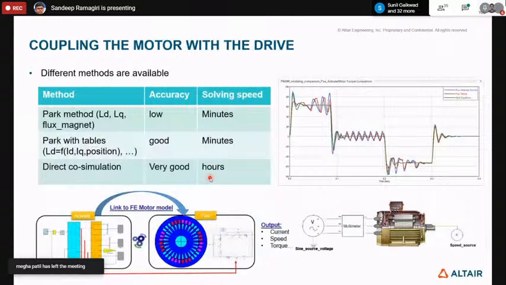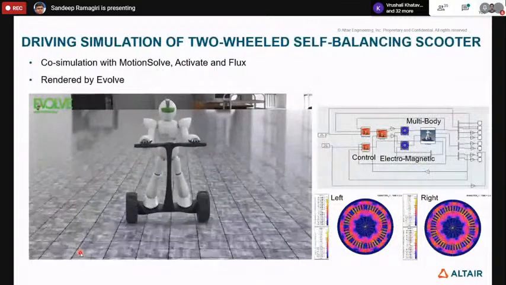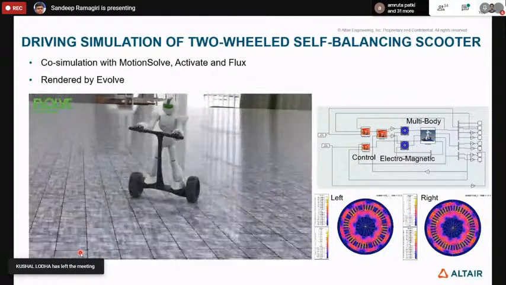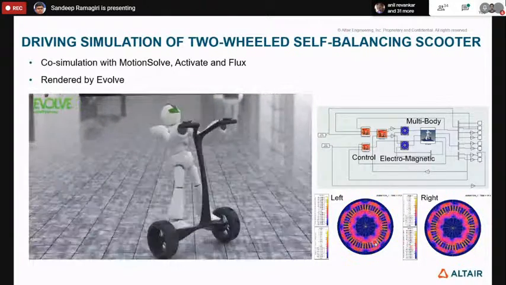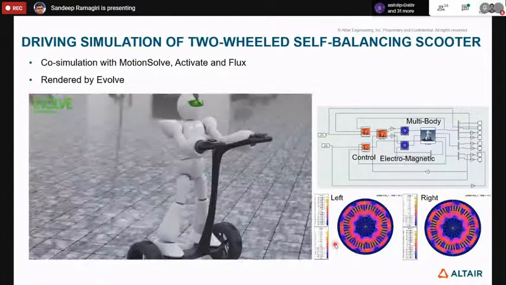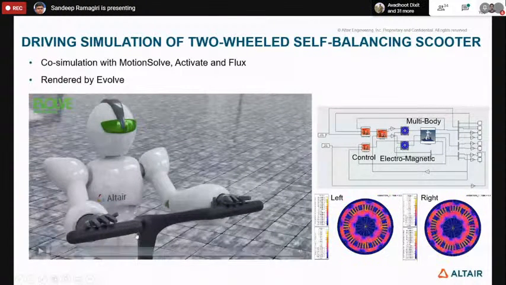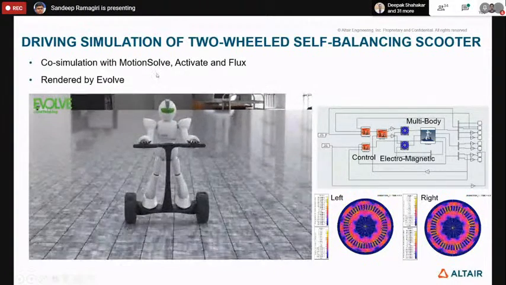So, as I said, these are different ways of representing the motor. This is a classical example of a two-wheeler self-balanced scooter for system simulation, where we also have motors. You can see the motors coming from the Flux software, completely designed in Flux simulation technology, and we have kinematics defined in Motion Solve.